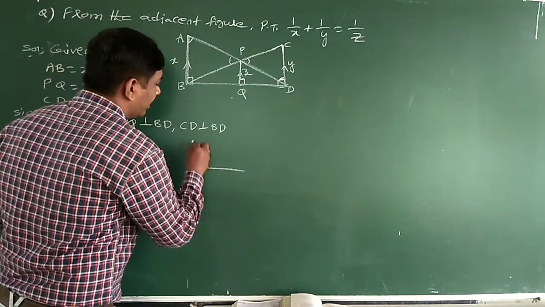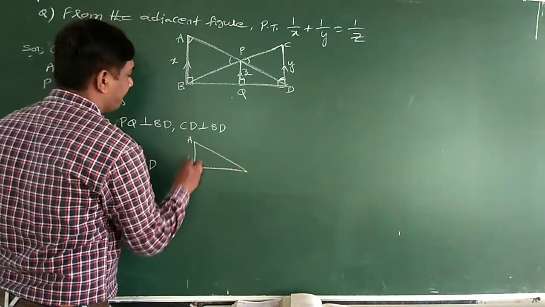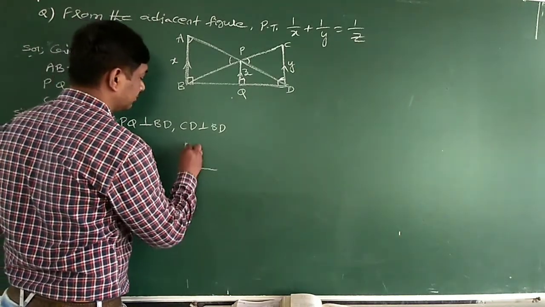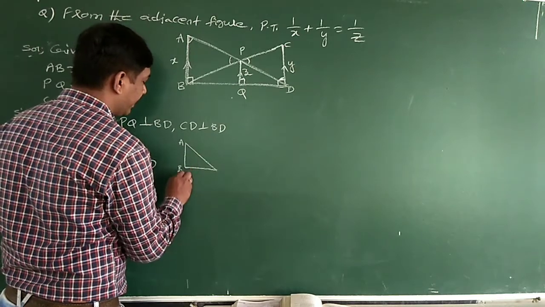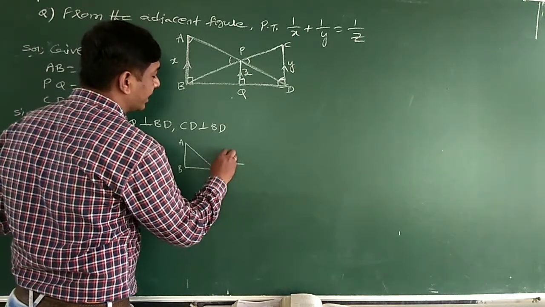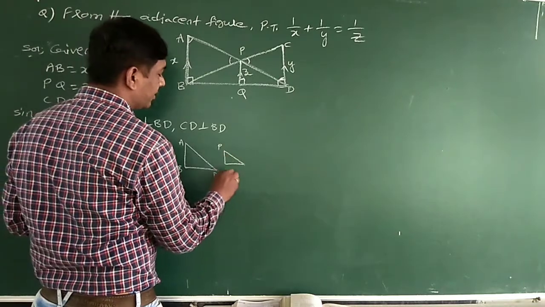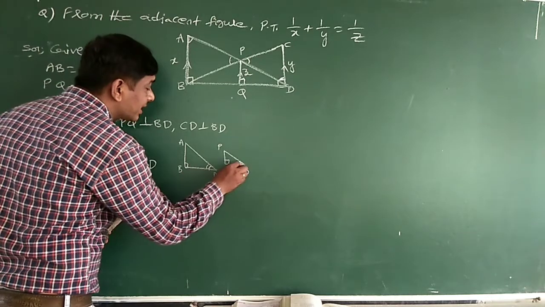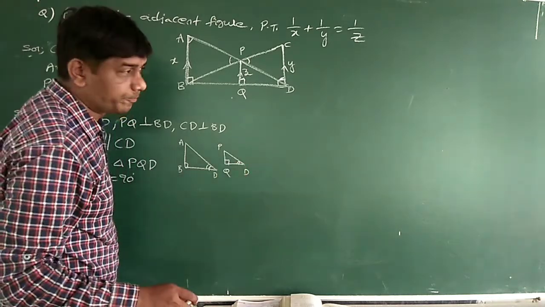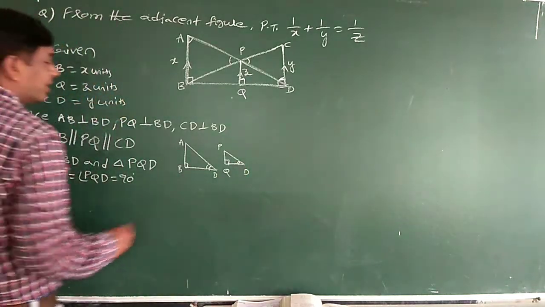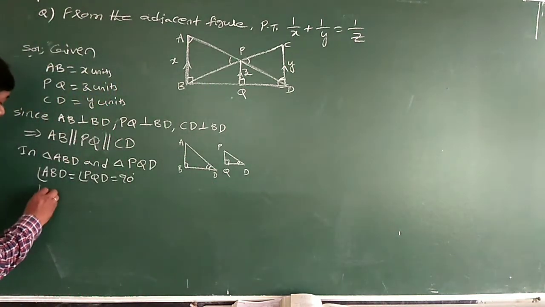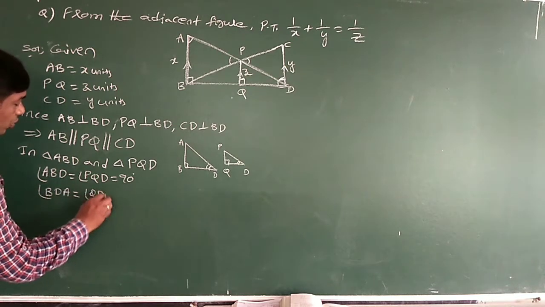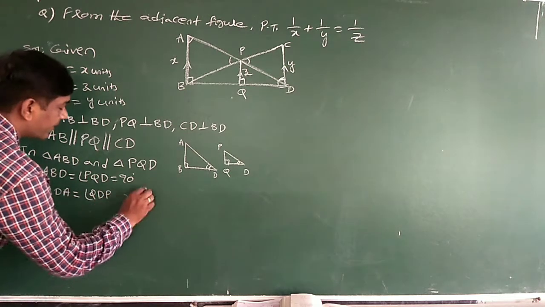Rough diagram, ABD, and PQD you take. This is 90, this is 90, and this angle is common. So angle BDA is equal to angle QDP, by the reflexive property.